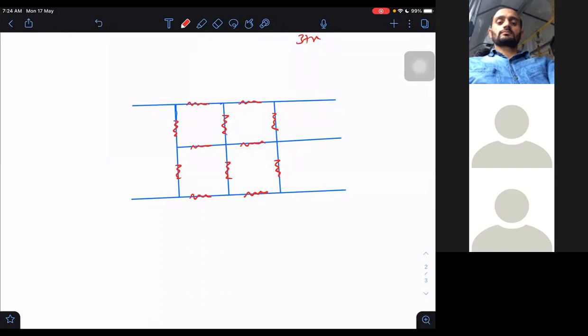Can you tell now what is the equivalent resistance between A and B?